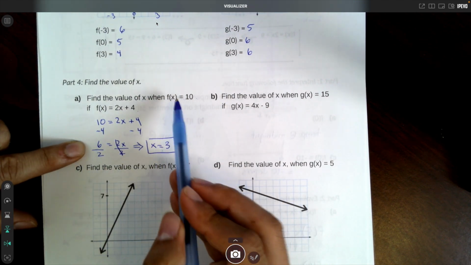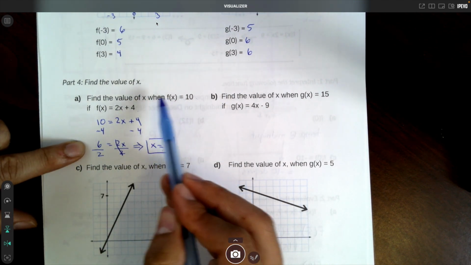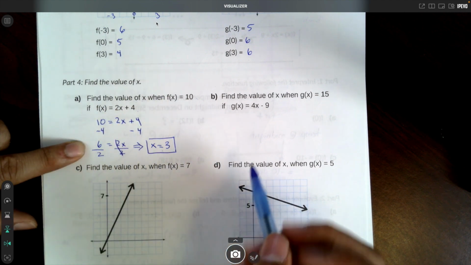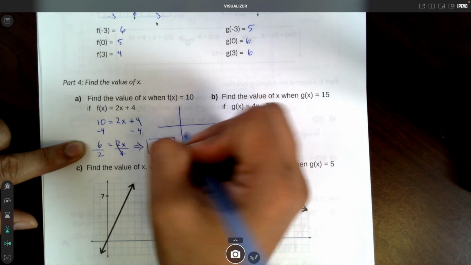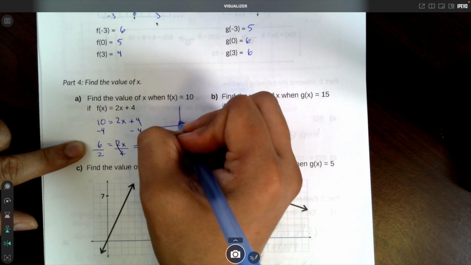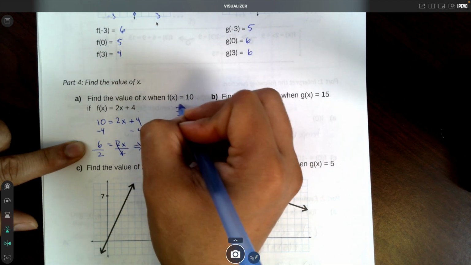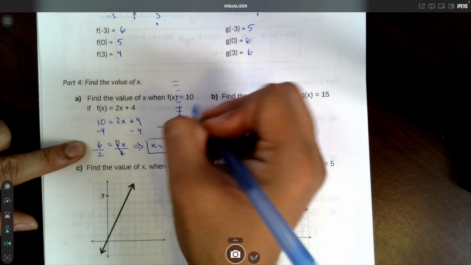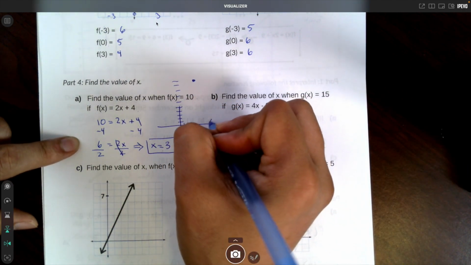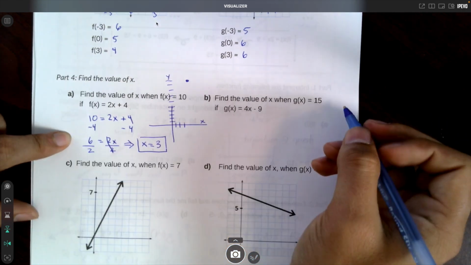It means if I plug in a 3 to this function, I'm going to get a 10 out. Okay? It looks like this on a graph. So x is 1, 2, 3. And then the 10 is all the way at 1, 2, 3, 4, 5, 6, 7, 8, 9, 10. So this is going to be a dot somewhere over there. And this is our x, and that's our y.